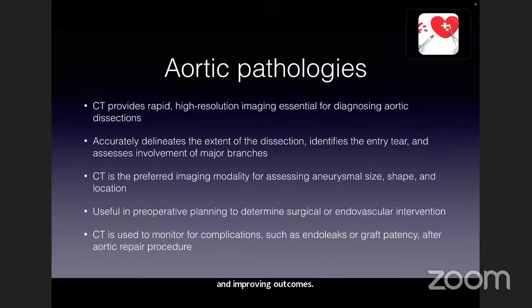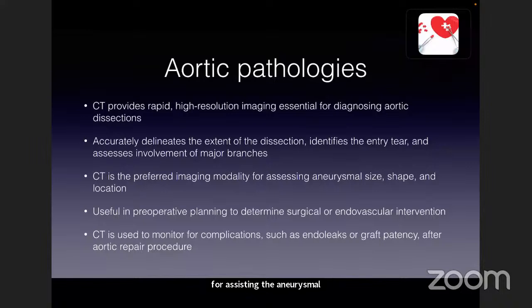Aortic pathologies. CT provides rapid, high-resolution images essential for diagnosing aortic dissection. It accurately delineates the extent of the dissection, identifies the intimal tear, and assesses involvement of major branches. CT is a preferred imaging modality for assessing aneurysmal size, shape, and location.